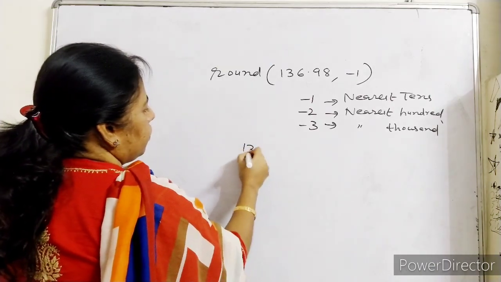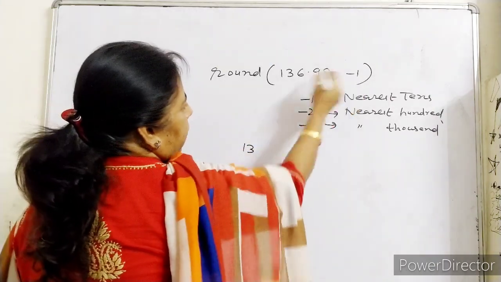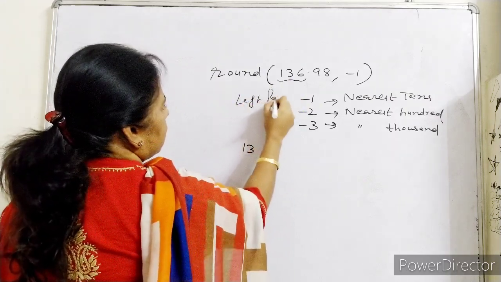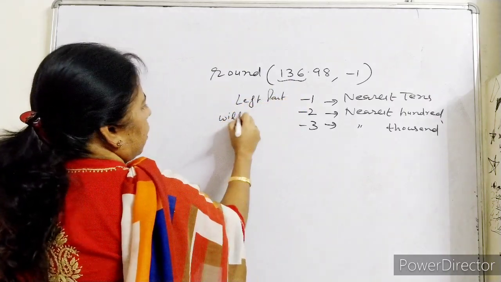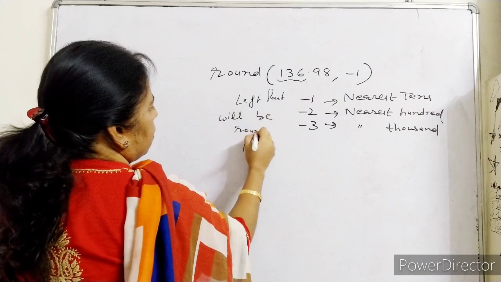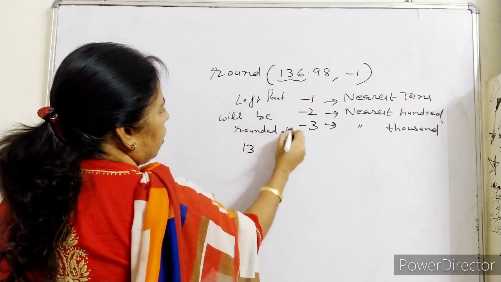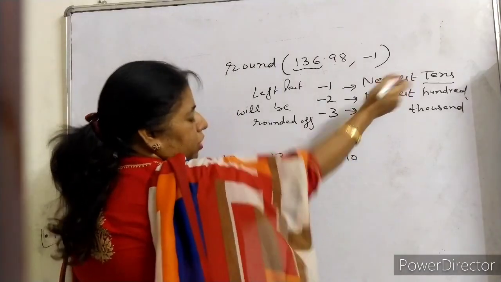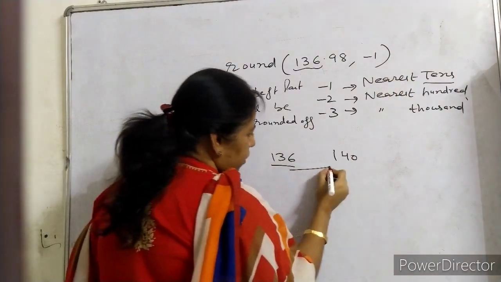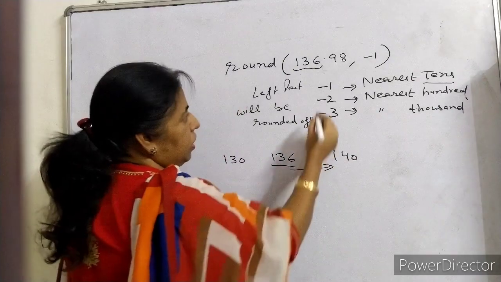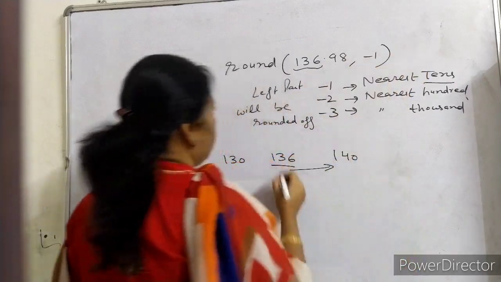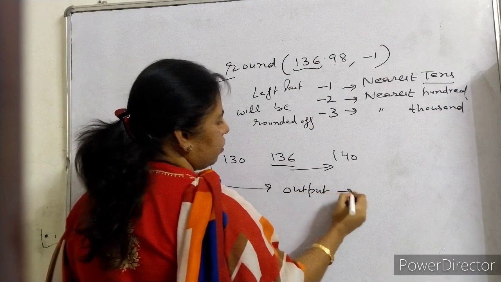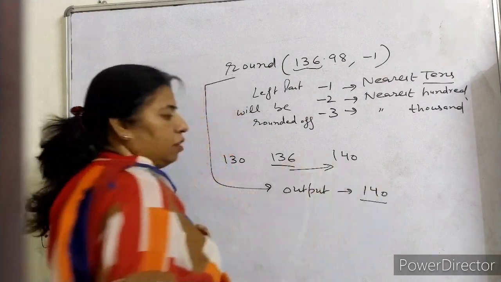Now see, when I am using negative here, the left part will be rounded off, according to these rules. Now 140, tens. This number is nearer to this. It means the output of this query will be 140. Clear?